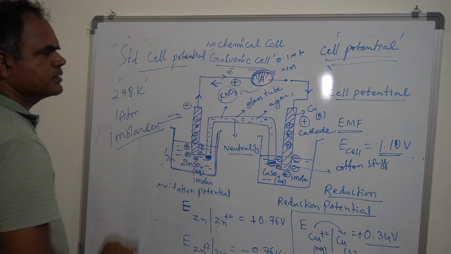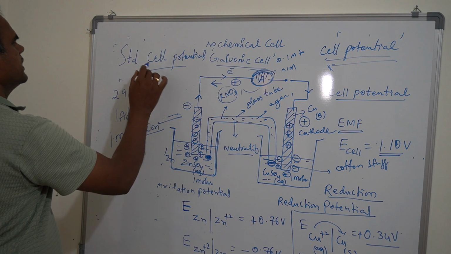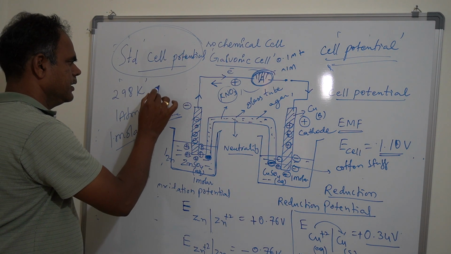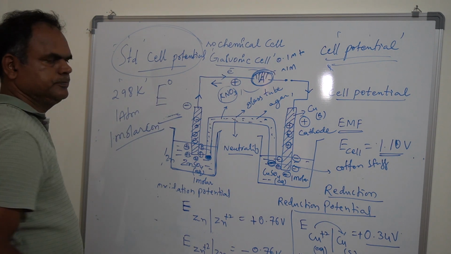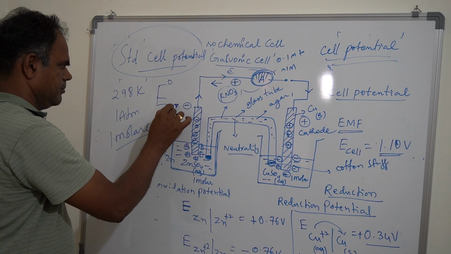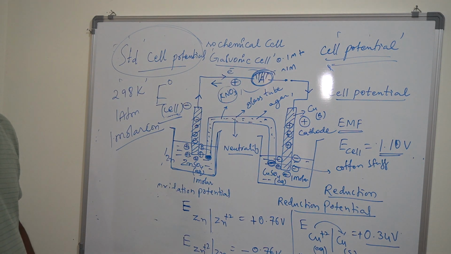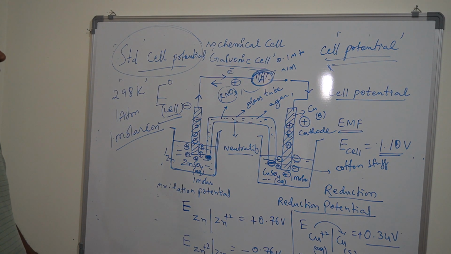If you measure the cell potential under these conditions, that cell potential is the standard cell potential, which we represent as E naught cell. I think I made that clear.